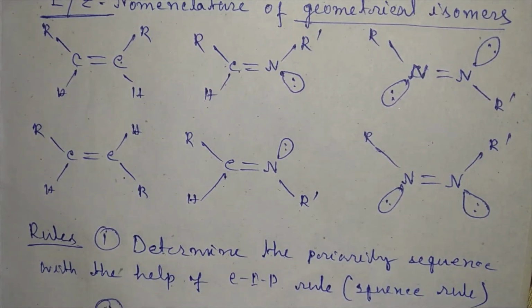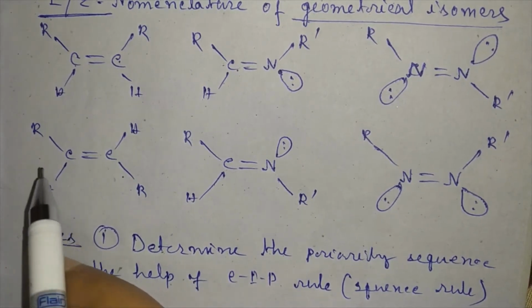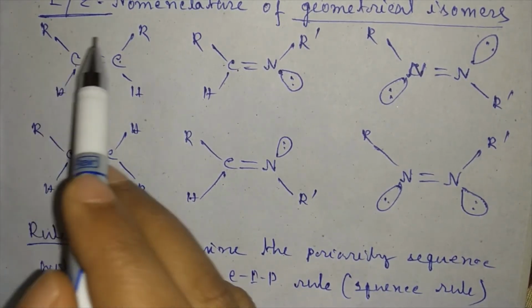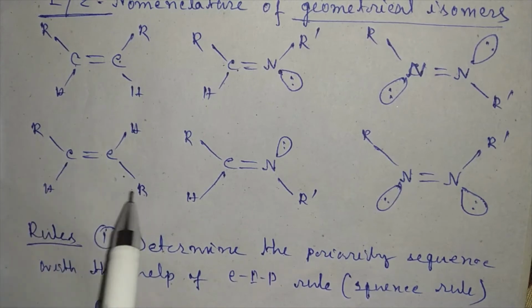Now when we have determined the higher priority group with the help of the sequence rule, we have to see whether the higher priority groups are on the same side of the double bond or on the opposite side.